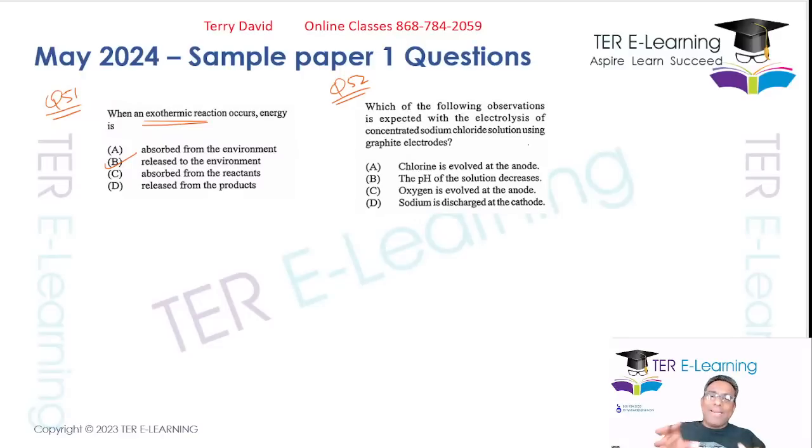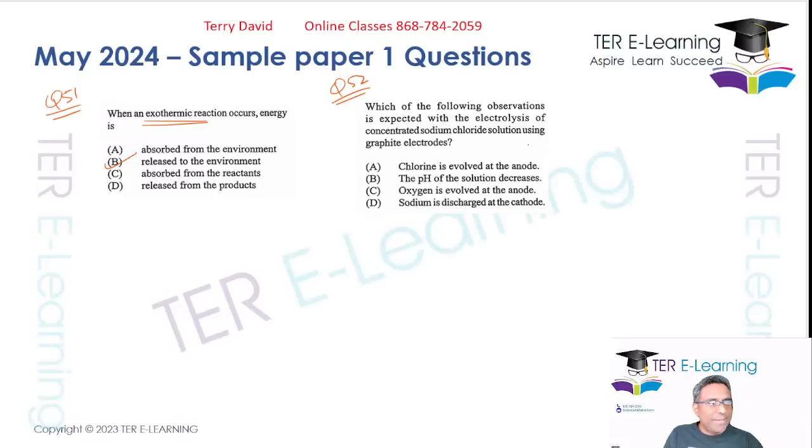Now, in any chemical reaction, you have bonds being broken and bonds being formed. When you break a bond, you require energy. And when you form a bond, energy is released. So depending on how many bonds you break and how many bonds you form, your overall reaction could be endothermic or it could be exothermic.